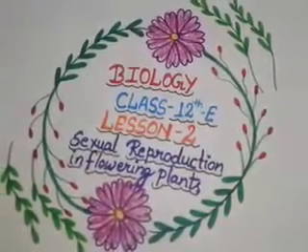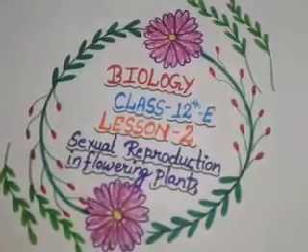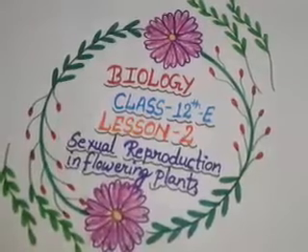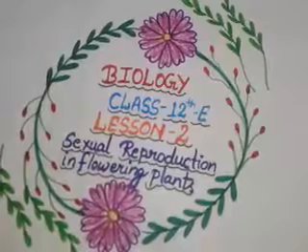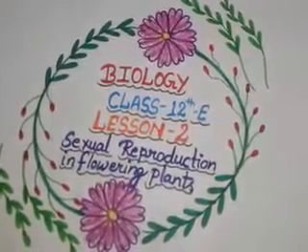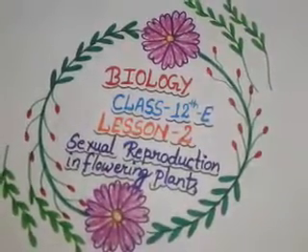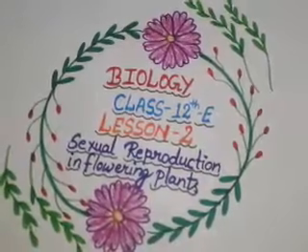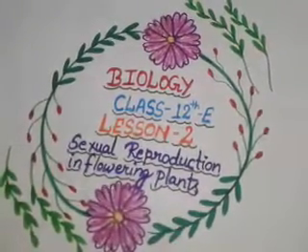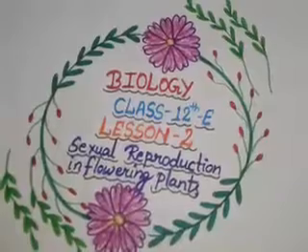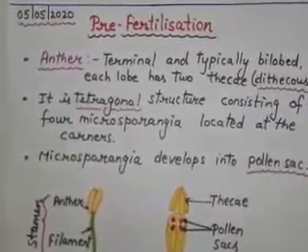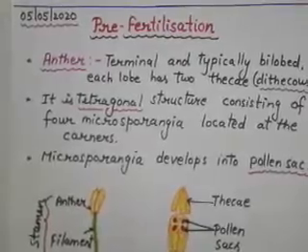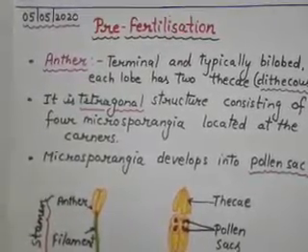Today, I will teach biology of class 12th, chapter number 2, that is sexual reproduction in flowering plants, where we will discuss pre-fertilization events in flowering plants. Before moving to the topic, we must know about pre-fertilization.